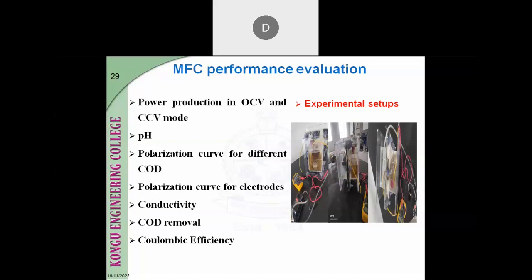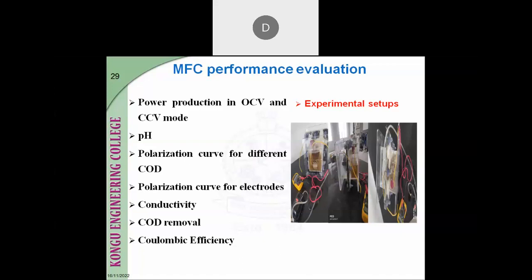All these are most important factors. In addition, there are some factors like the power production in OCV and CCV mode, pH, the polarization curve, the conductivity, COD, Coulombic efficiency, etcetera.